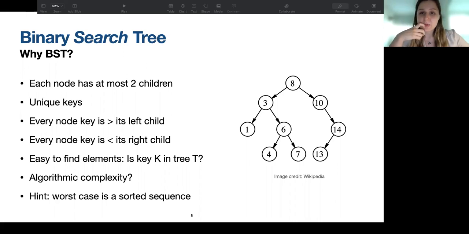Then yes, the worst case is you just have to go through all the elements in this tree, and this tree can be really big, and this sequence can be really, really long. So you'll have to visit all the elements of the tree. So if you have n elements, then your search operation will actually be linear in terms of n.